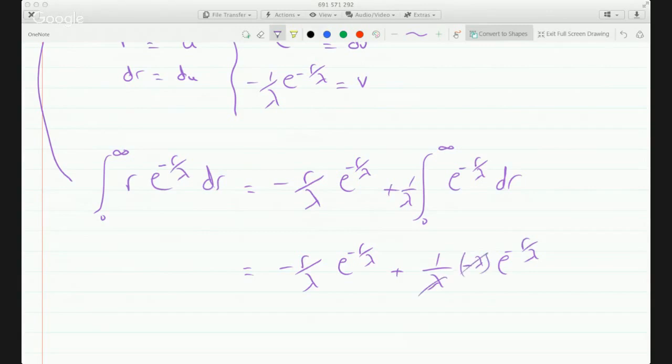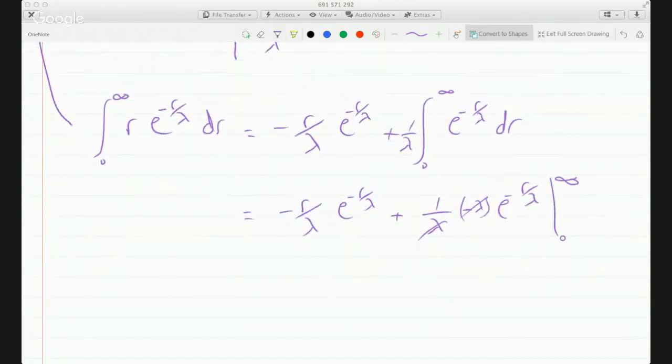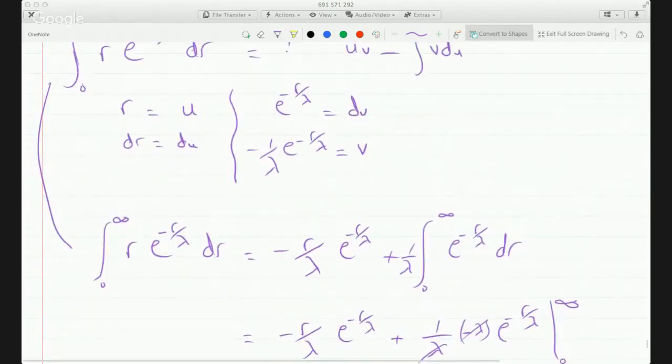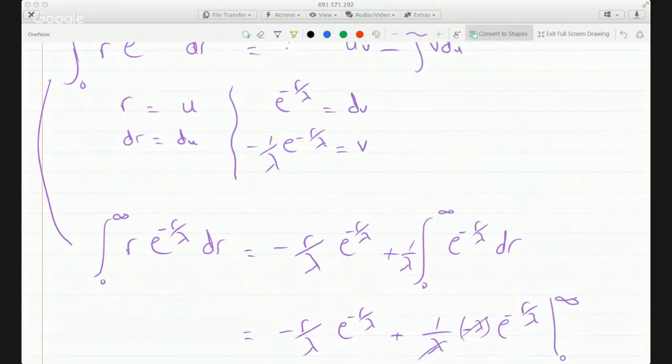We are evaluating this from 0 to infinity. If we plug in infinity, this guy goes to 0, the second guy goes to 0, and if we plug in 0, we get 0. Something is not quite right here, because we're not getting 0 on the second term. We get 1 here.